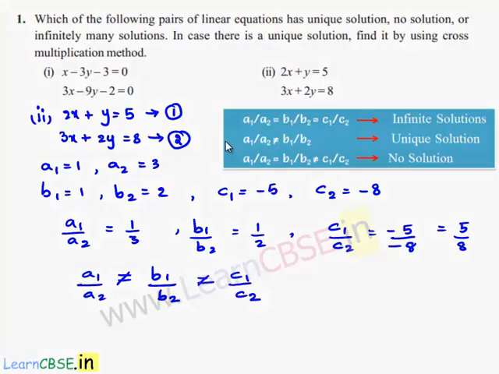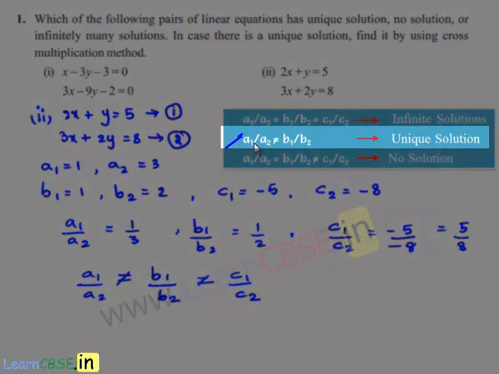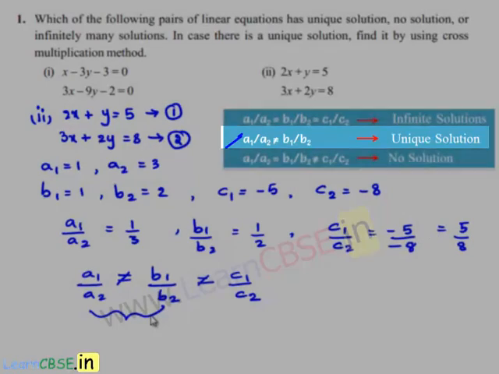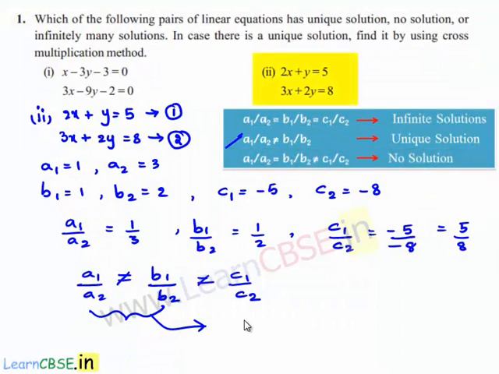So, from the second condition, if a1/a2 is not equal to b1/b2, we can say that the given pair of linear equations have unique solution.